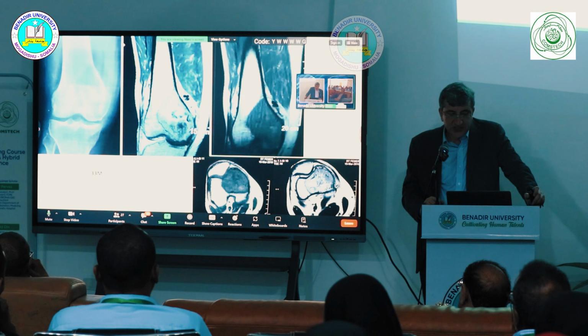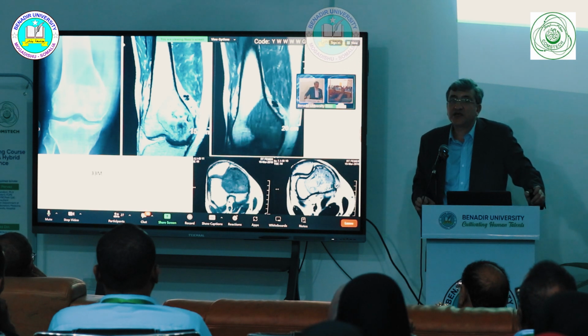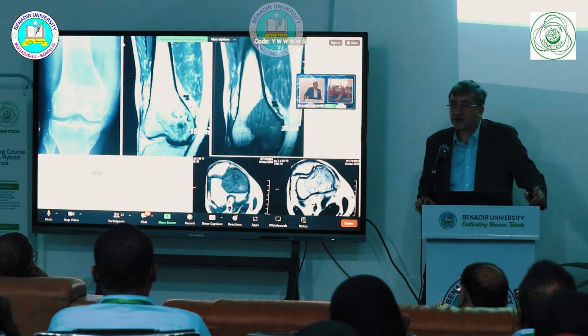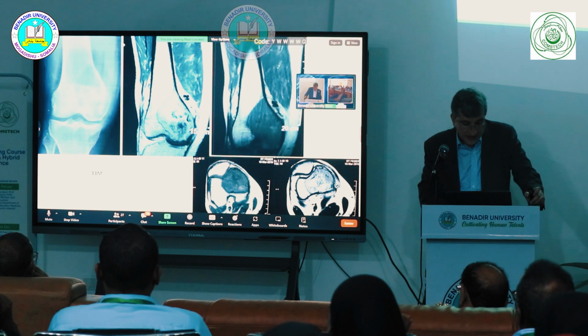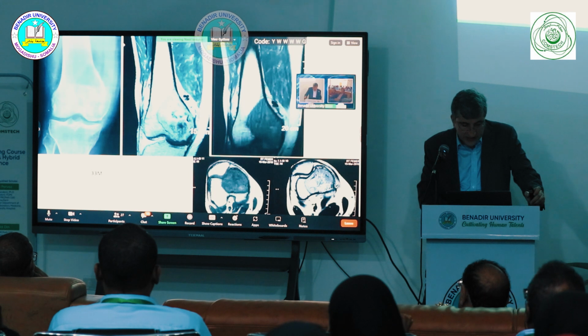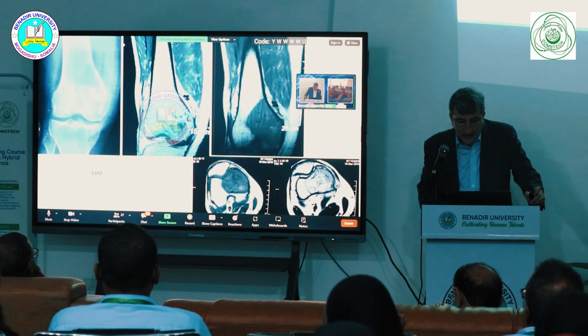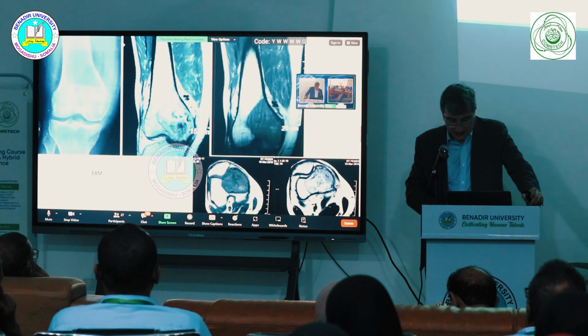A 33-year male patient, what is the location of the tumor? Epicenter is in the epiphysis, but it is extending into the metaphysis as well. So it is not very aggressive.